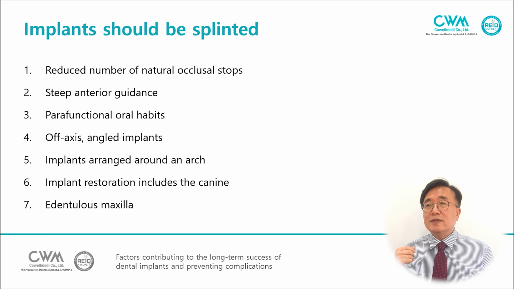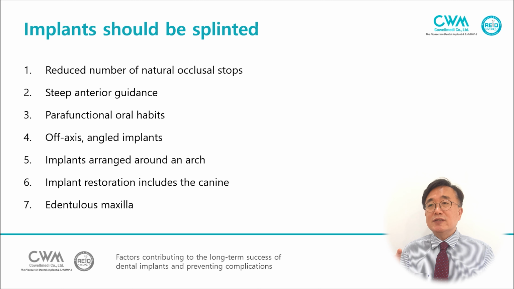So in this case, have a heavy lateral force in the anterior tooth. So we have to do splint. And the patient have a tooth grind in sleeping time, or as a parafunctional or heavy. So we have to do splint restoration.